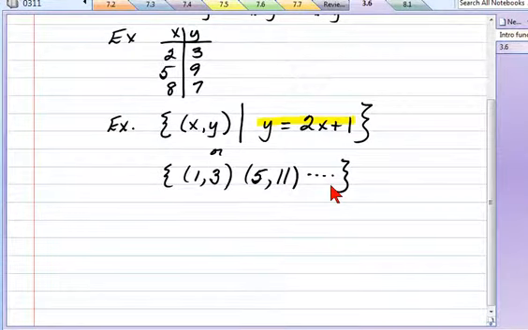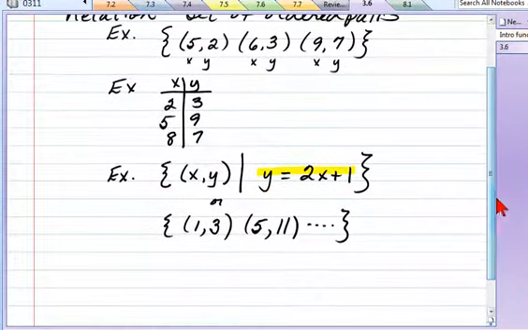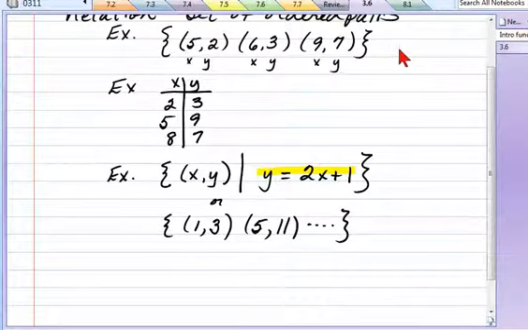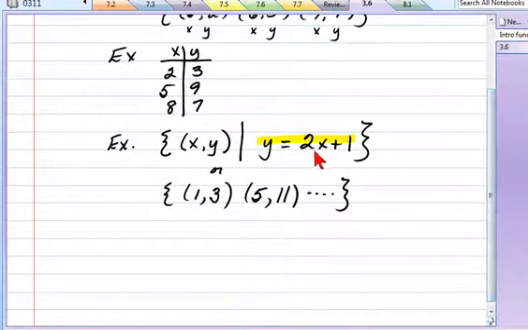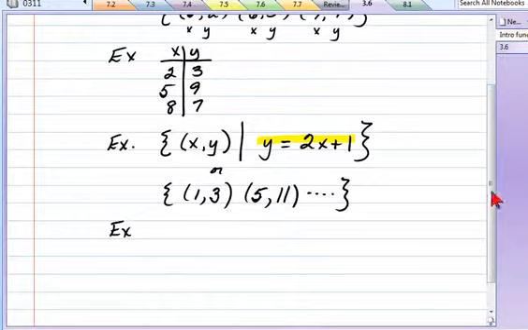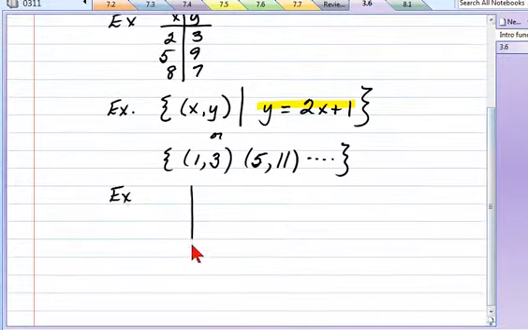So in other words, going back, a relation is a set of ordered pairs. It could be written like this, a listing. It could be written as a T-chart. I could instead give you an equation, and that implies that there are ordered pairs that satisfy it. And finally, for a relation, I could draw you the graph.